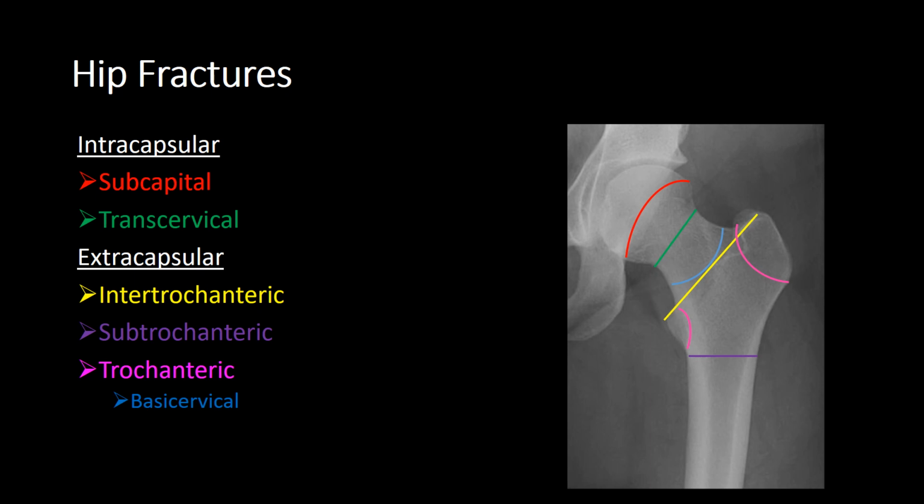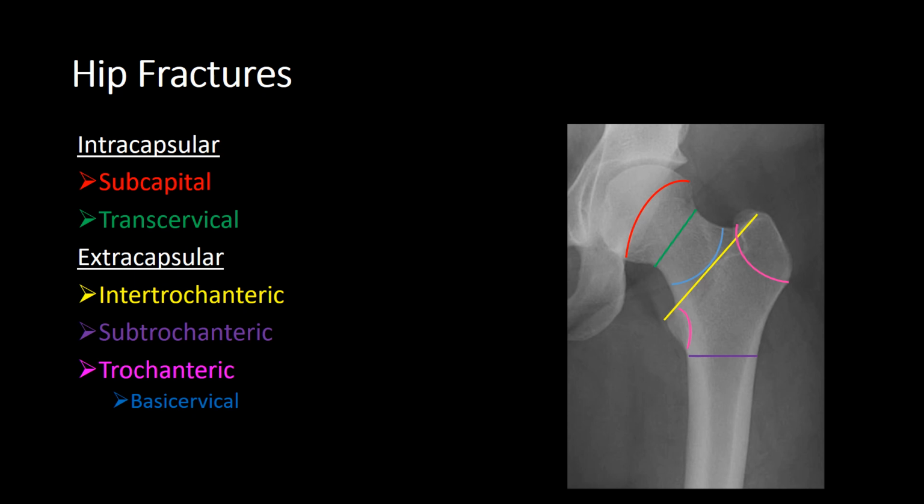If the fracture is intracapsular, the blood supply is going to be interrupted, and so there will be a high risk of avascular necrosis. So when you talk about your hip fractures in your what, where, how, you need to identify whether it's an intracapsular injury or an extracapsular injury.